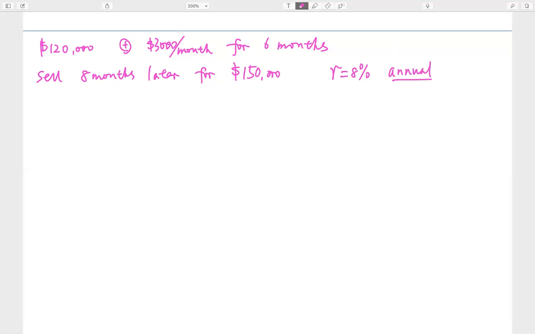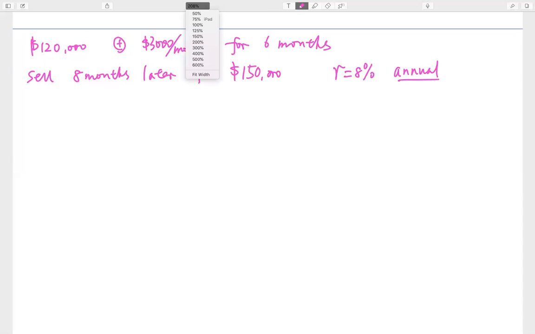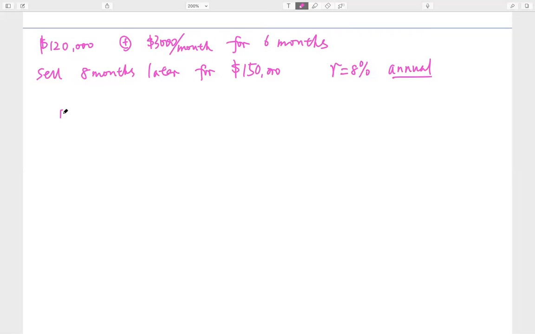So obviously there's a mismatch, right? 8% is per year, but we have some payments which are on monthly basis. Okay, so outflow is somehow the difficult part in this question, right? Because you pay 120K upfront. So let's see. So let's use arrow out to denote it is money out. 120K at 0.